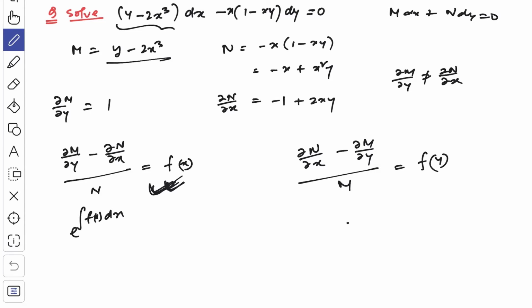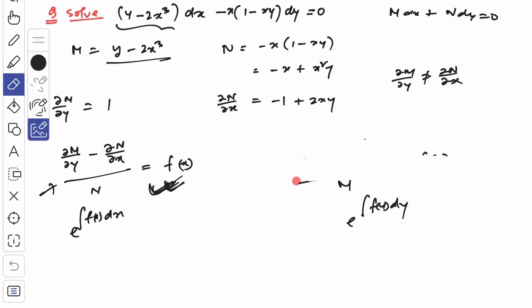Then our integrating factor will be e to the power integration f of y dy. So first let us check this. First let us apply rule 1.